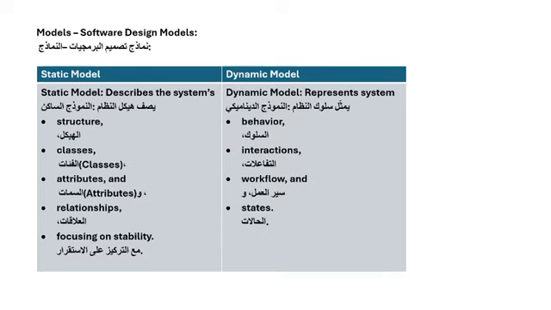In part two, I will be showing you examples, tools, methods, and techniques for how to come up with a static model and then the dynamic model. But in this lecture, I'm just describing what the static model and the dynamic model are. The second part I will be recording later, and that will be focusing on those models.